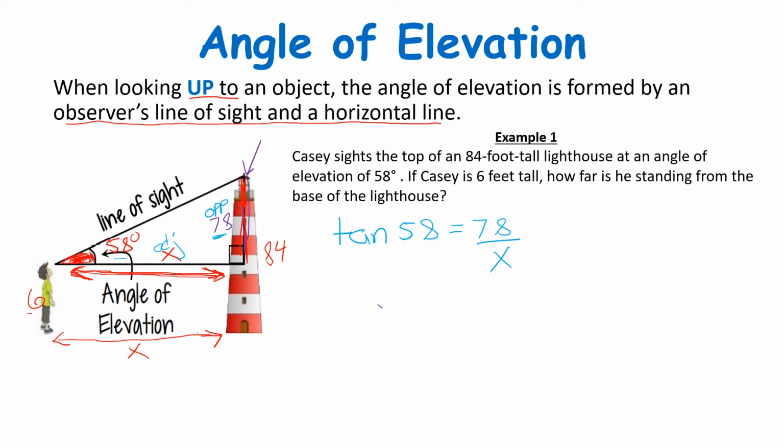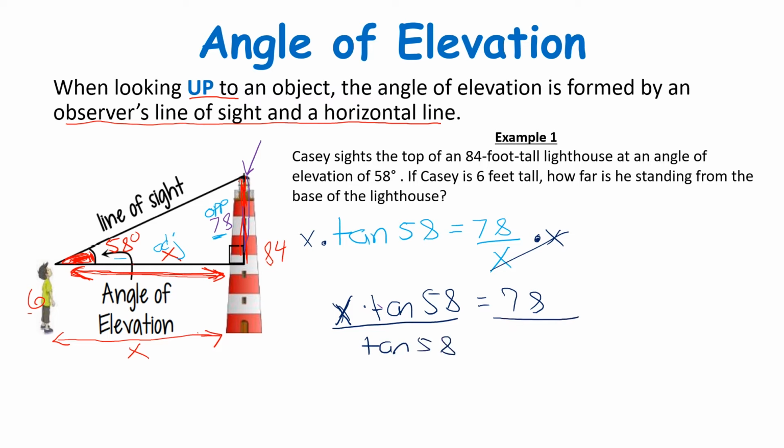So now hopefully we remember how to solve these trig problems. I want to solve for x, so I need to multiply both sides by x. I'm left with x times the tangent of 58 equals 78, because my x's cancel out. Since this is x times the tangent of 58, I'm dividing by the tangent of 58 on both sides.